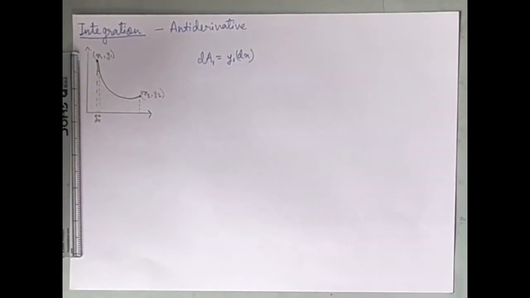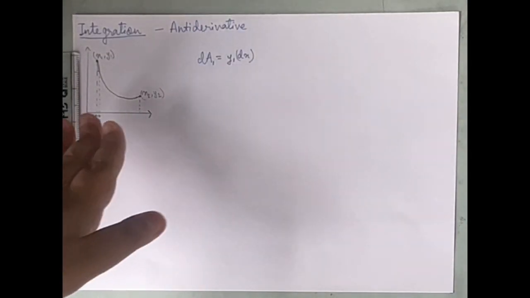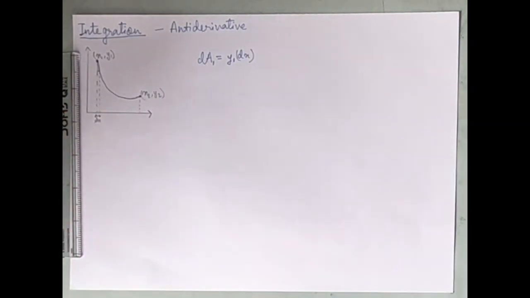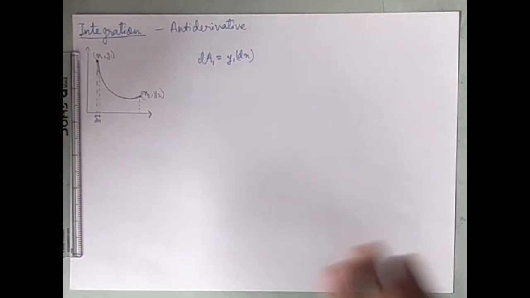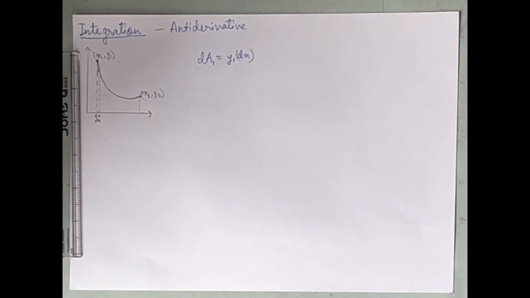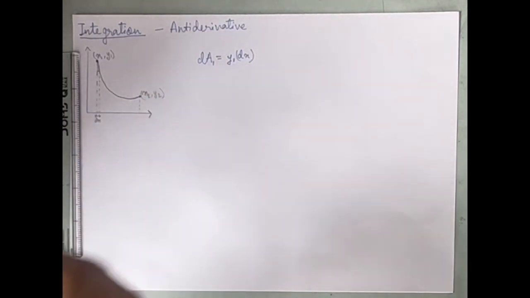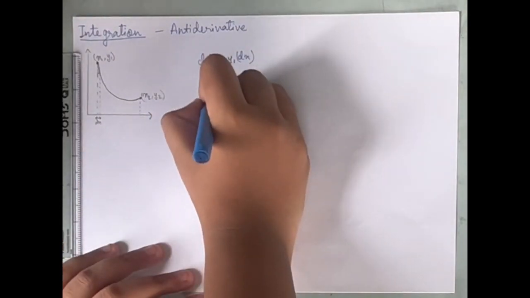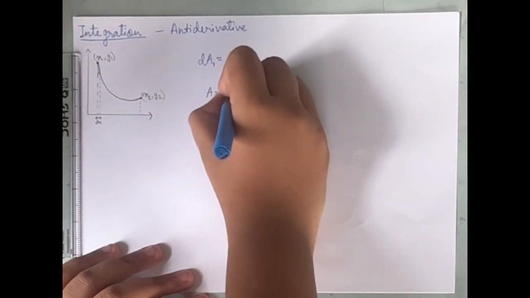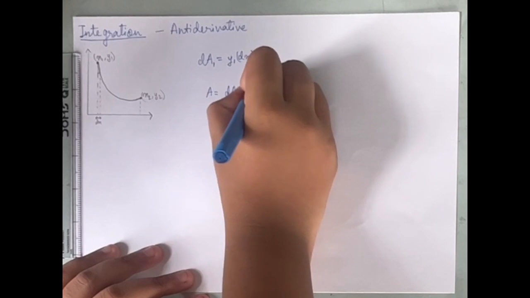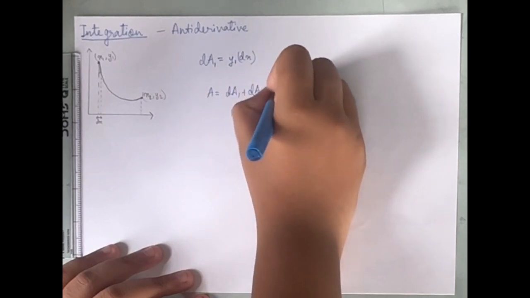Okay. Now if I divide this part into more such pieces and name them dA2, dA3, dA4, the area of this part would be dA1 plus dA2 plus dA3 and so on.